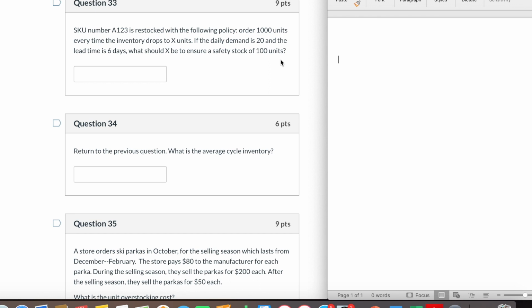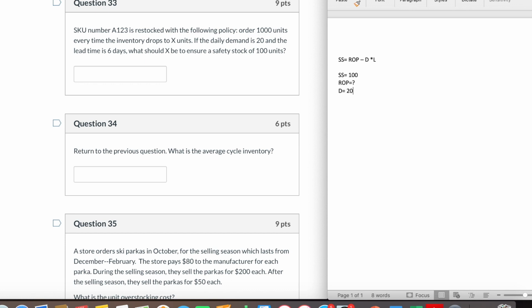So we need to get that formula out, which is safety stock is equal to ROP minus demand times lead time. With the stuff that we know already, we know the safety stock is 100. Reorder point is what we're trying to find.